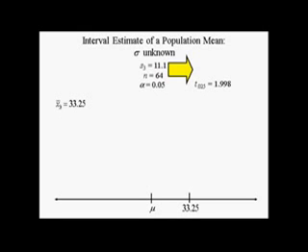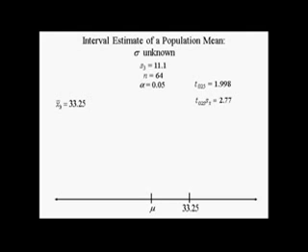The third estimated standard error is equal to 11.1 divided by the square root of 64, which is equal to 1.3875. The third estimated margin of error is equal to the t-value times the third estimated standard error, which equals 1.998 times 1.3875, or 2.77.